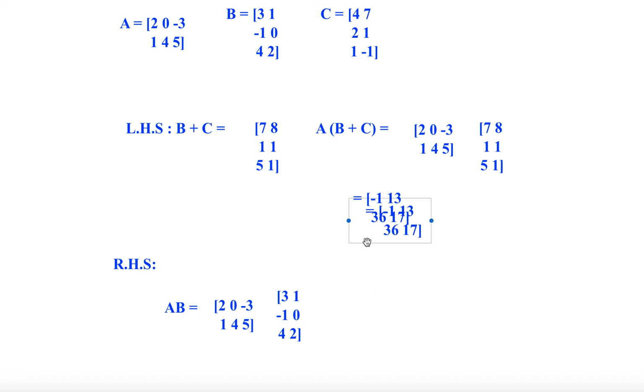You have to get a 2 by 2 matrix only. First row, first column: 6 minus 12 means minus 6. This is the first row, second column element: 2 minus 6, that is minus 4.